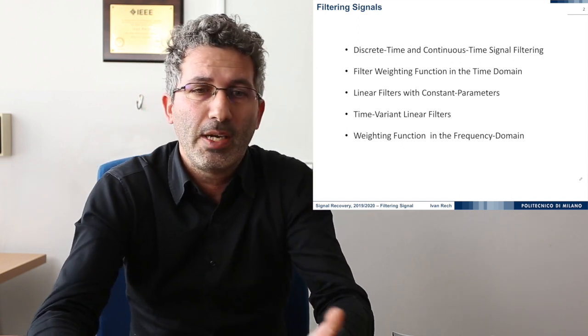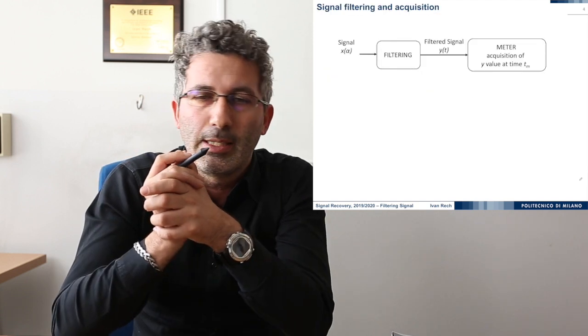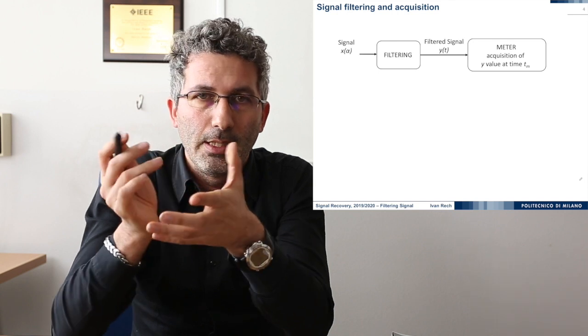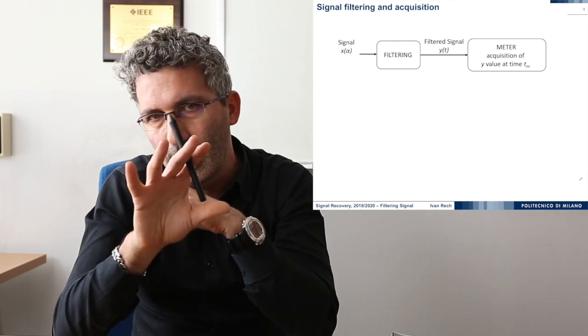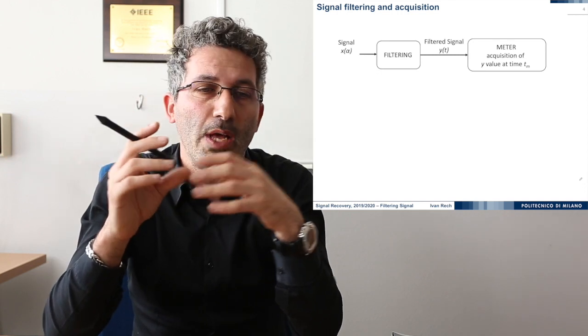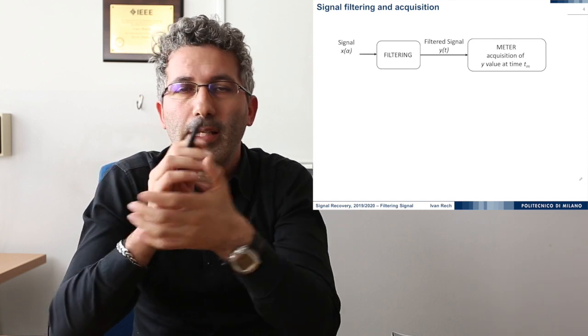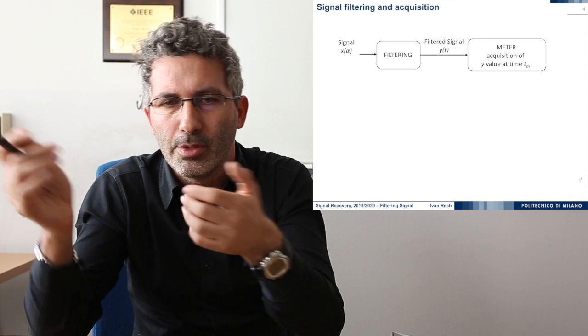We start from a very simple scheme, the scheme that we introduced in the first lesson. I mean, sensor, preamplifier, filtering. At this moment we are interested just in filtering, so we have an input signal X and an output filtered signal Y. That's it, and then a meter, obviously.